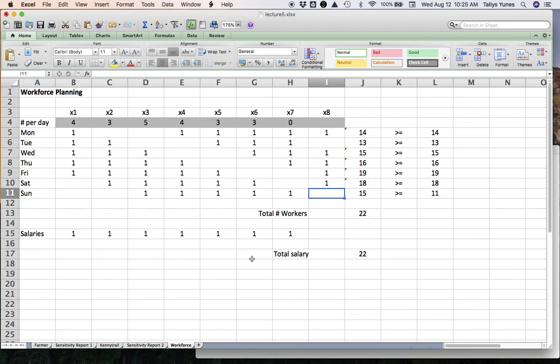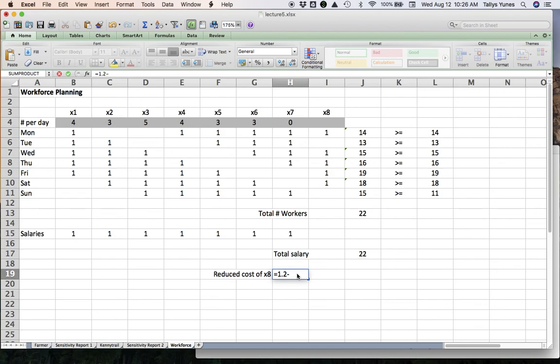Now to calculate the reduced cost of x8, if you remember how the formula goes, you begin with the salary, right? So that is the number that would appear multiplying the variable in the objective, because it's $1,200 and our objective is in thousands of dollars. We do 1.2, and you do minus what?